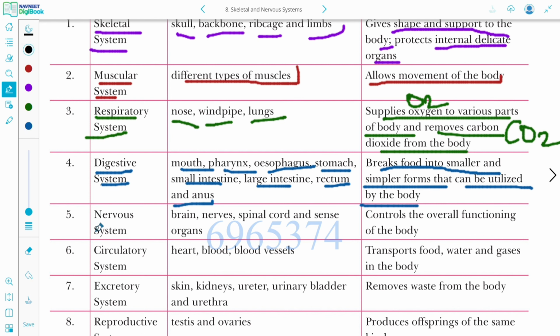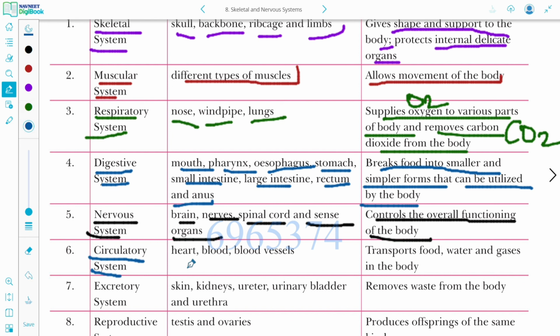Next system is nervous system. In this, the major organs which take part are brain, nerves, spinal cord and sense organs, and the function of nervous system is to control the overall functioning of the body. Next system is circulatory system.